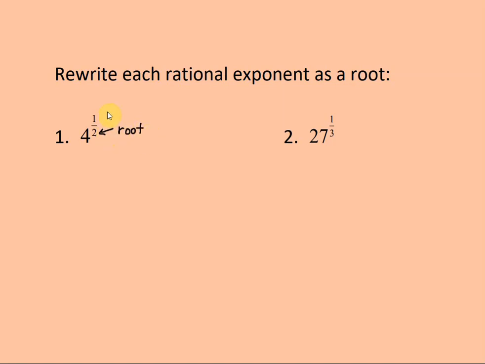So my bottom number is my root. The top number is my power. When that top number is a 1, we really don't have to worry about it. So my root is a 2. That means it's a square root of 4. So our directions just told us to rewrite the rational exponent as a root. We're not solving or simplifying, we're just rewriting it as a root.